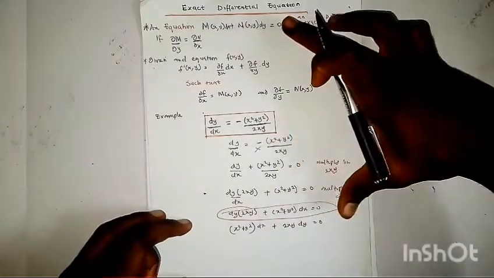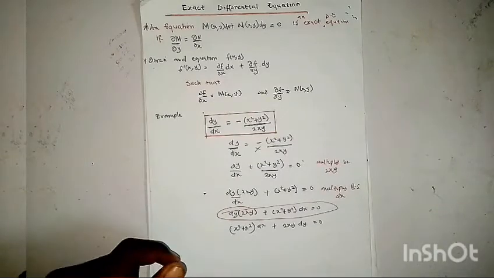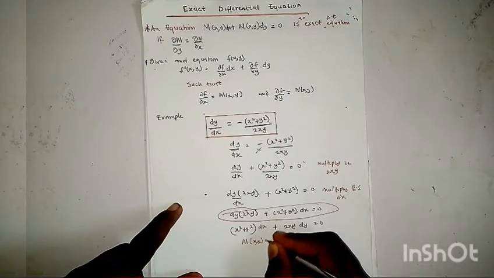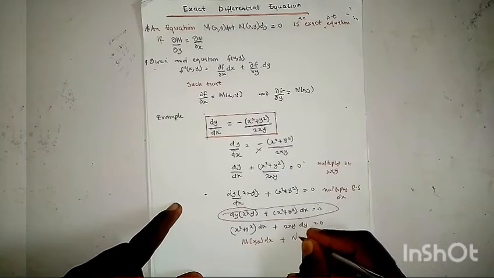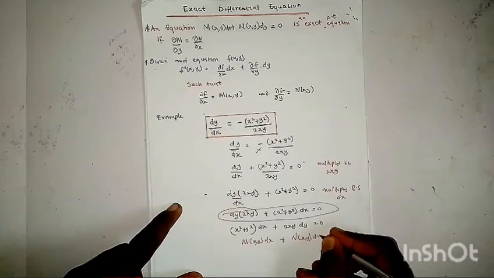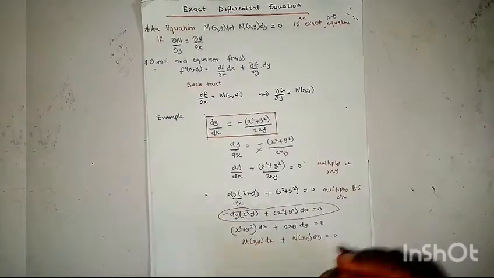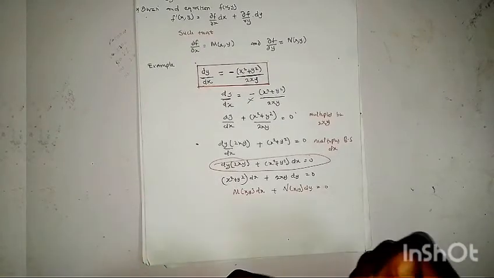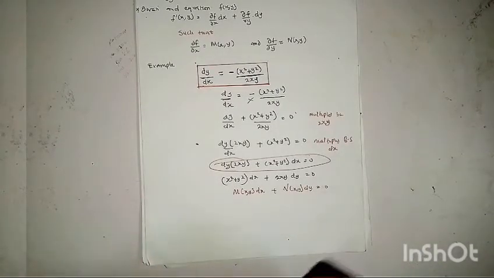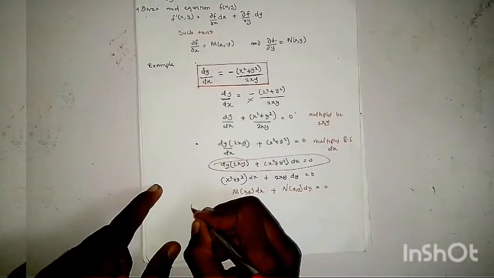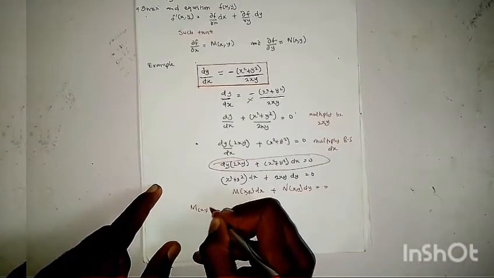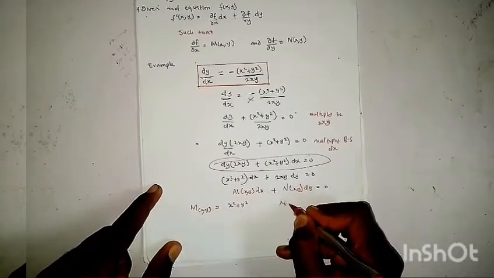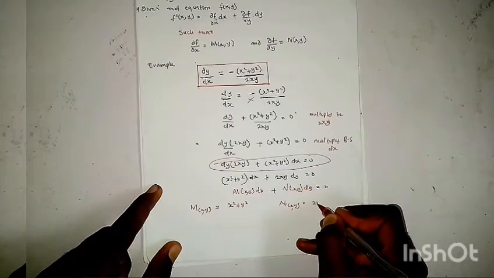Now comparing it with our general form of exact equation, M(x,y) dx plus N(x,y) dy equals 0, we see that my M is equal to x squared plus y squared and my N is equal to 2xy. So let me just rewrite it. My M, a function of x and y, is equal to x squared plus y squared, and my N, a function of x and y, is equal to 2xy.